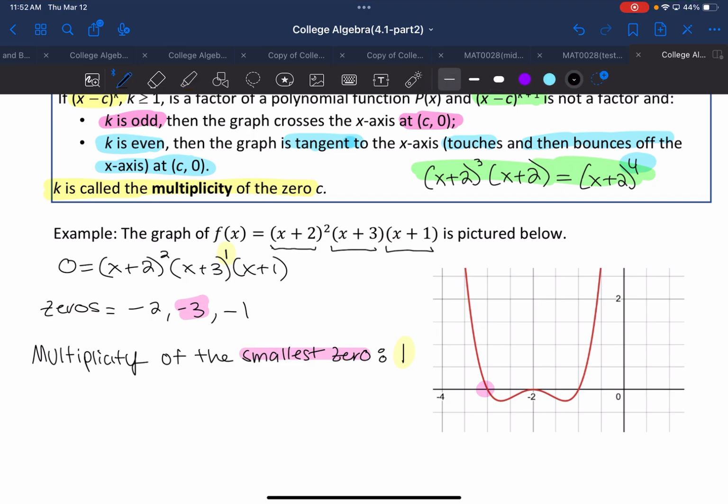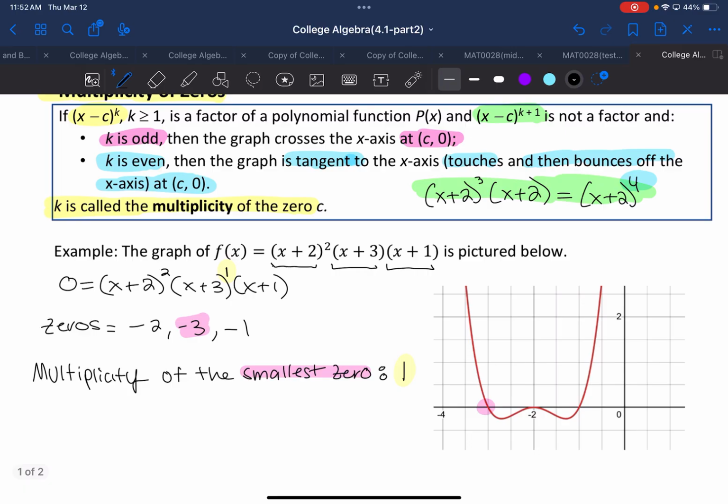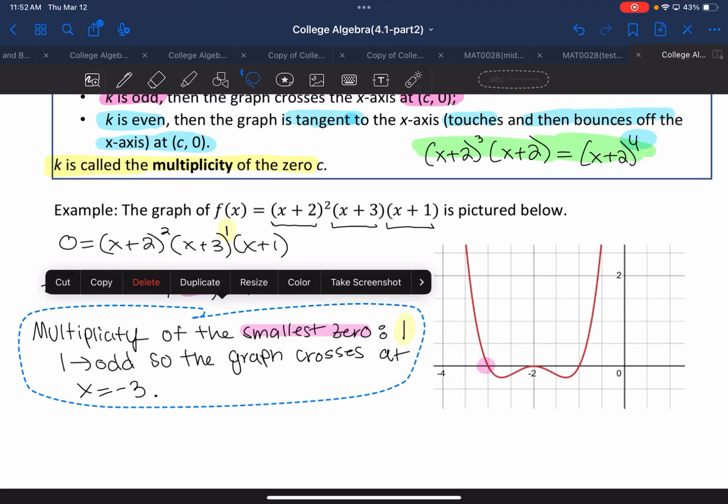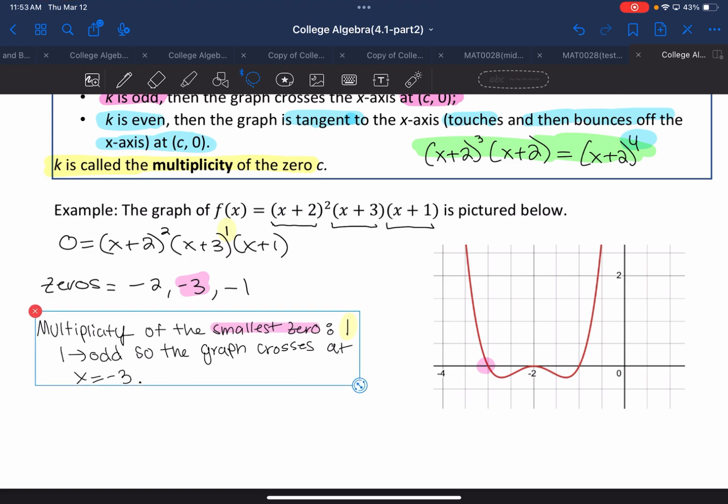And that makes sense based on what we just learned, because the multiplicity is 1. 1 is odd. So the graph crosses at x = -3. It crosses through.